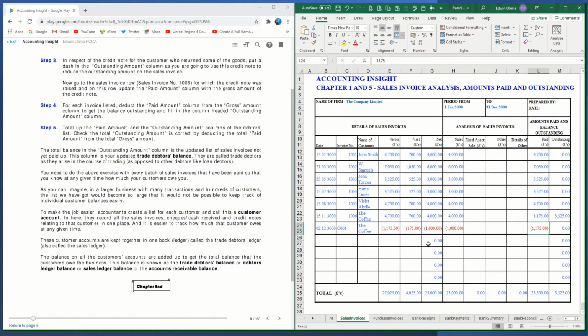What big businesses do is create an account for each customer, and they group those accounts into one big book called a ledger. They call the whole book the trade debtors ledger, or also a sales ledger balance, because they're dealing with sales to their customers.